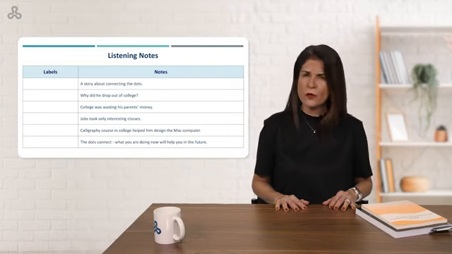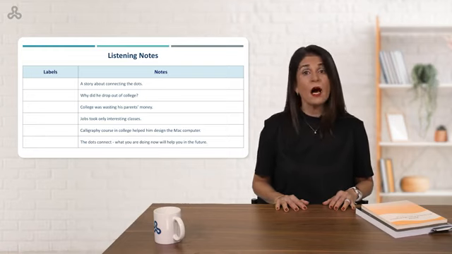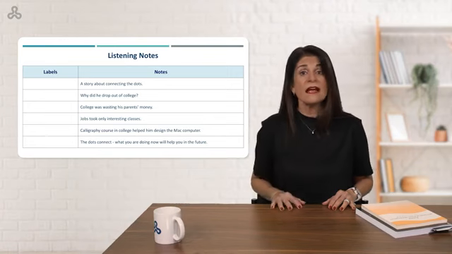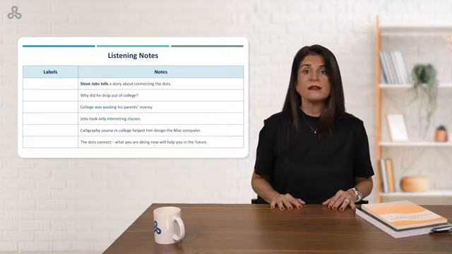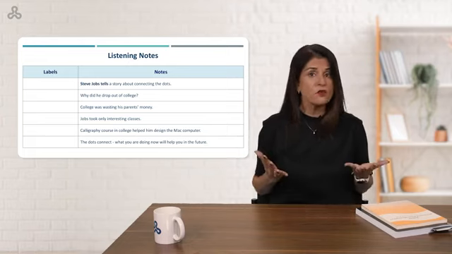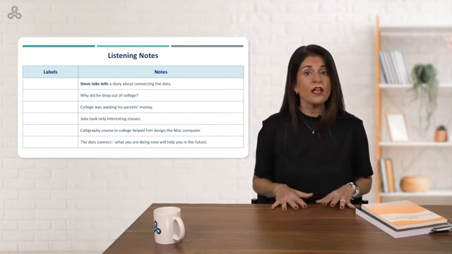How can we improve our notes so that they tell a more complete story? First, let's add the name of the speaker to the first note. Steve Jobs tells a story about connecting the dots. Why did he drop out of college? College was wasting his parents' money.